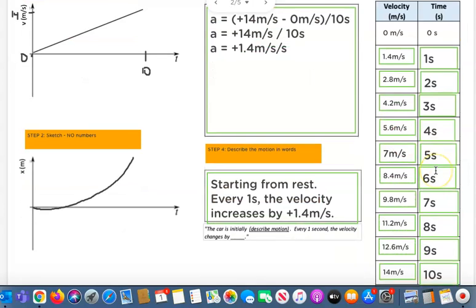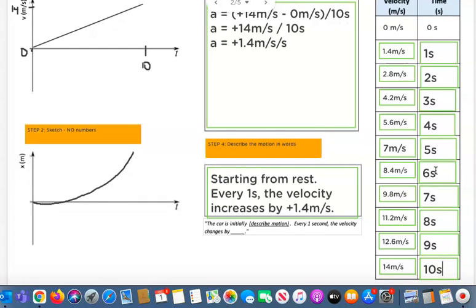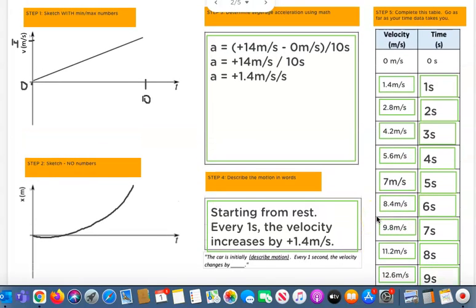And you see I paused and filled out the rest. So it goes up by 1.4 meters per second every second. And so I've now represented this motion 5 different ways. Velocity time graph, position time sketch, calculations, word statement, and data table.